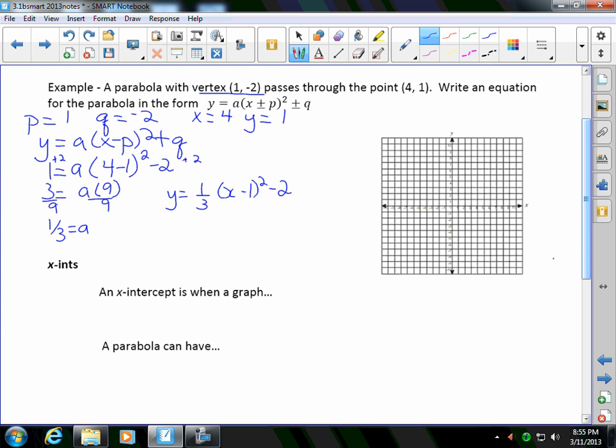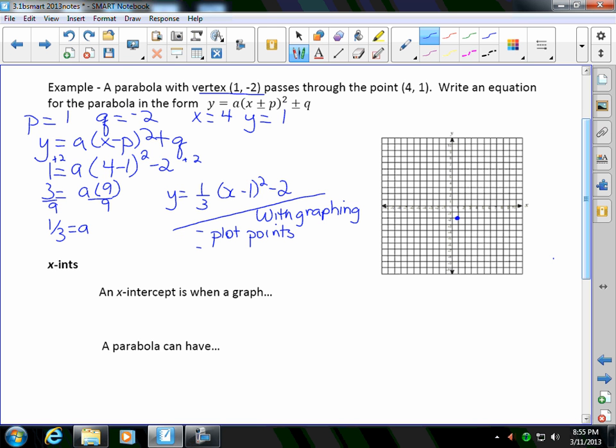So this is how you would do it algebraically. To do this with graphing, you would plot your points. Okay, so I plot my points. My vertex was at (1, -2), so it was here.